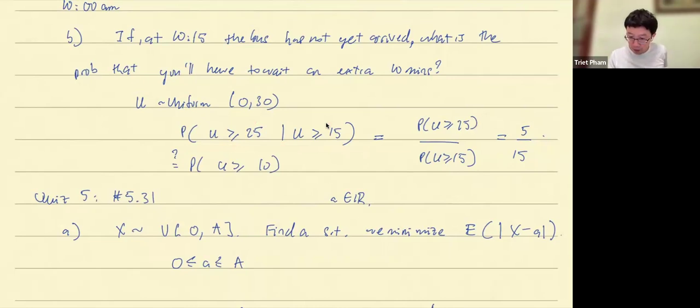And it's not, because U is uniform between 0 and 30, so the probability that U is bigger than 10 is 2/3, while this is 1/3. So the uniform is not memoryless. In fact, I think if you throw in some small property, then the exponential with parameter lambda is the only random variable with the memoryless property. Any question?